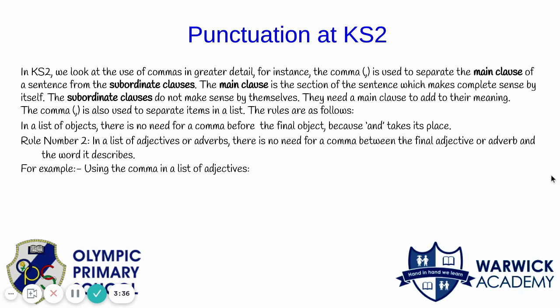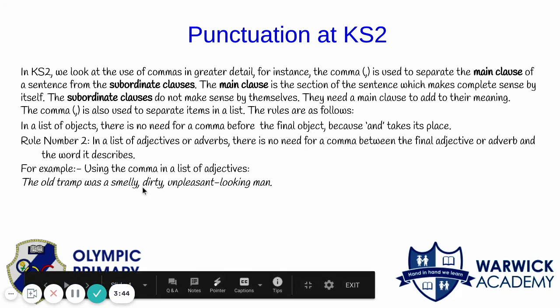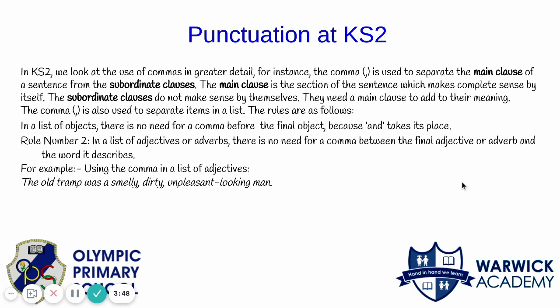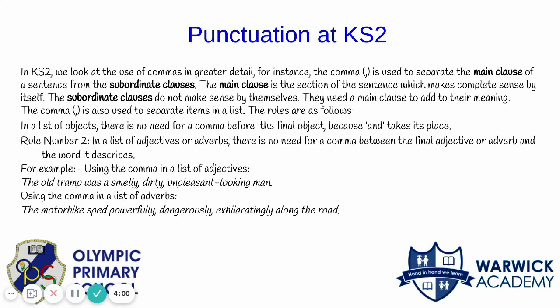For example, the old tramp was a smelly, dirty, unpleasant-looking man. Okay, you have a comma and a comma. You don't need the word and. Or in a list of adverbs: the motorbike sped powerfully, dangerously, exhilaratingly along the road.